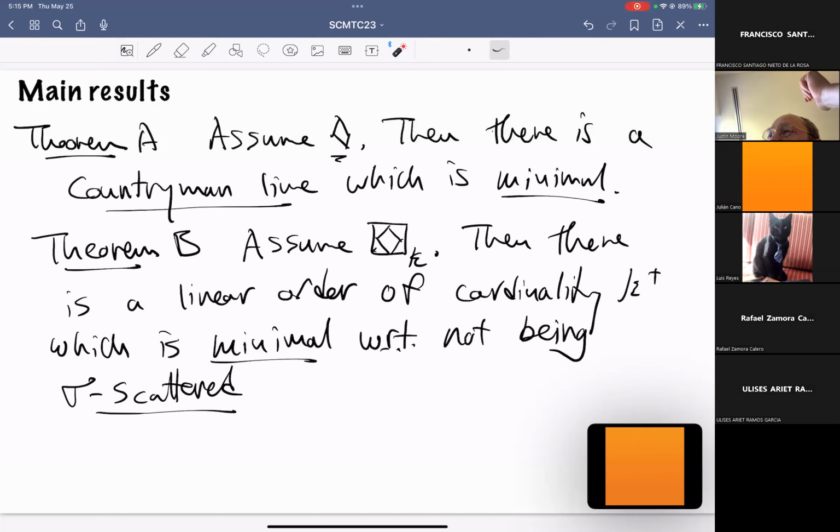The diamond sequence that is associated at each ordinal has some coherence properties that mesh well with the square sequence.